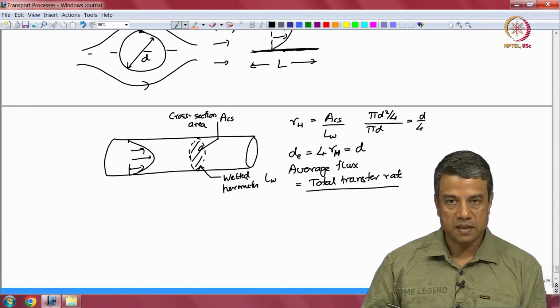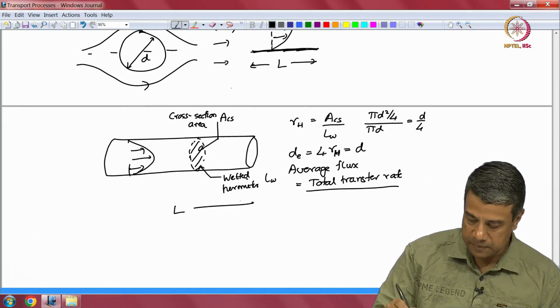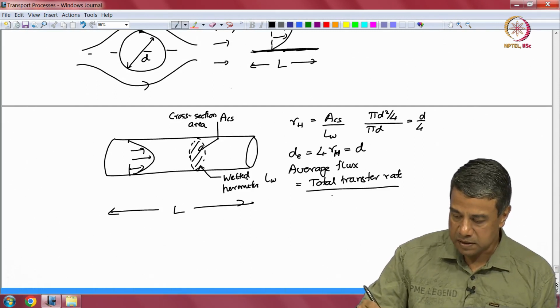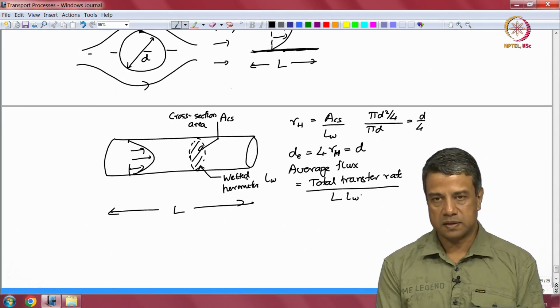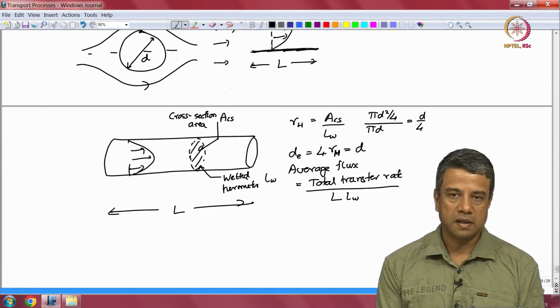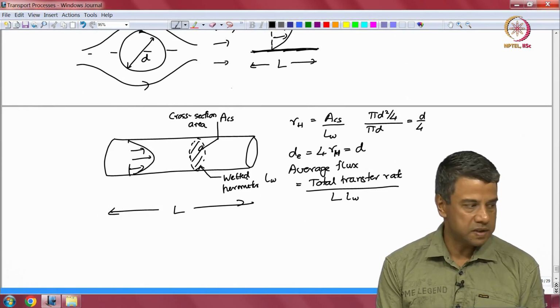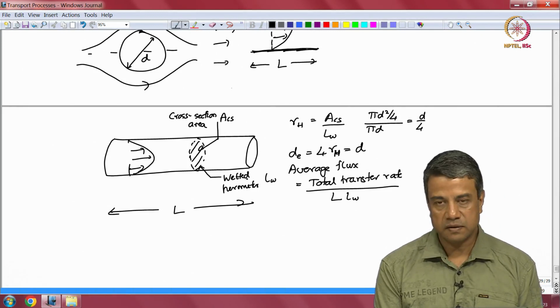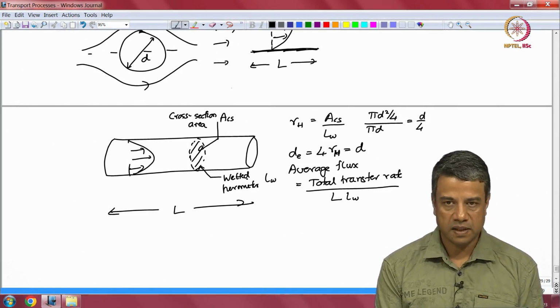The surface area is equal to the perimeter times the length. So, if this pipe had a length L, the total area is equal to the total length L times the perimeter. So, that is the average flux: the total transport rate per unit time divided by an area, which is the length of this pipe times the perimeter. That is how we define the average flux.